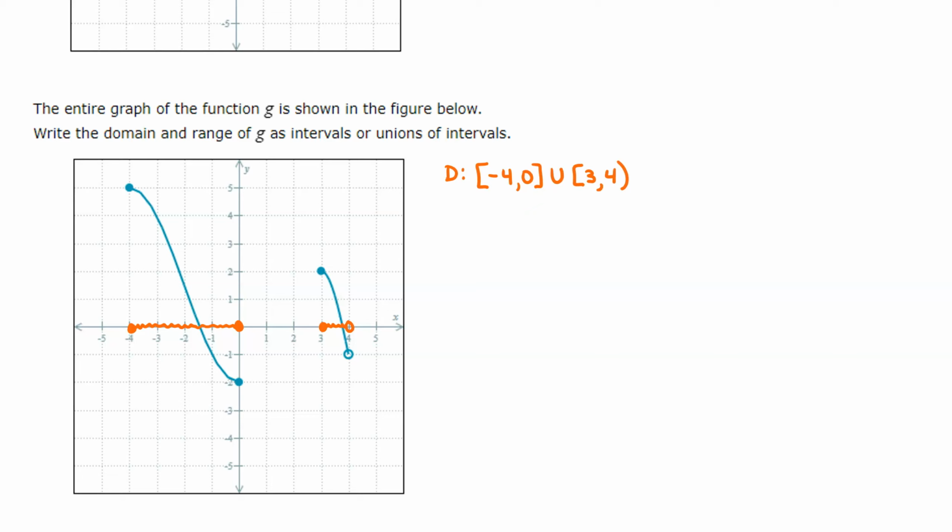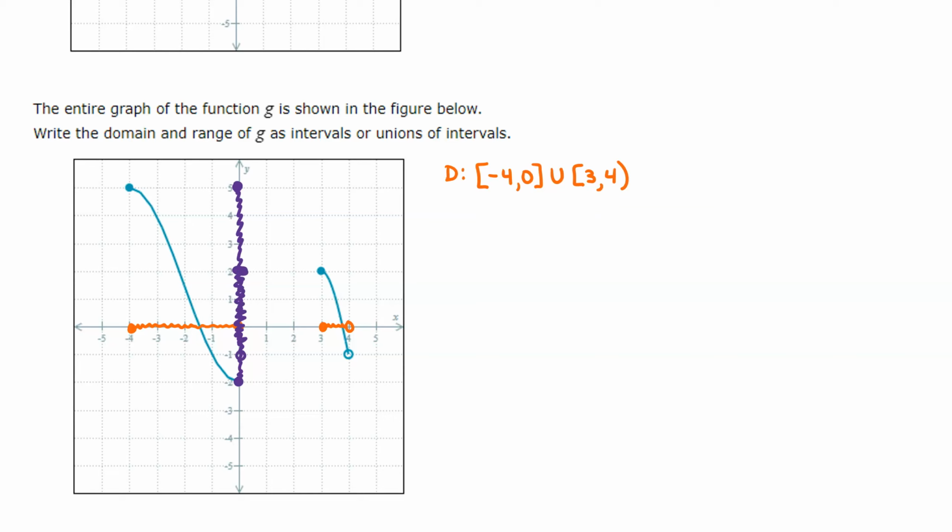Now for the range, we're going lowest to highest. So the first piece, the lowest it goes is -2, and the highest it goes is 5. And everything in between there has a corresponding x value. But now the second piece starts at -1 and goes up to 2.